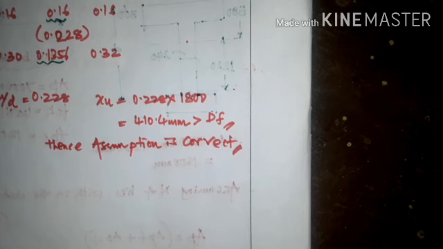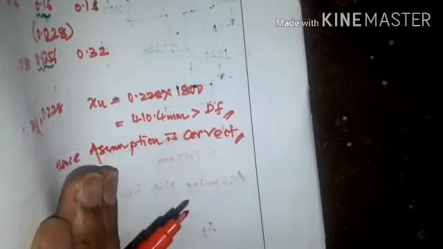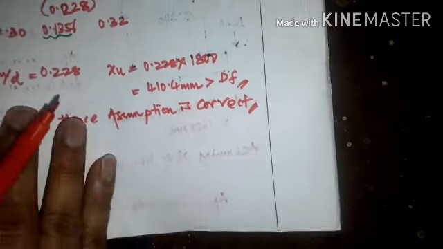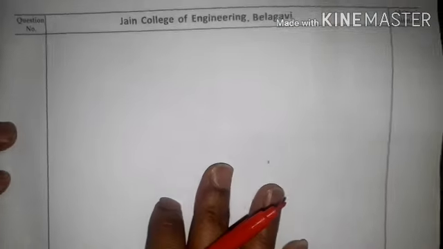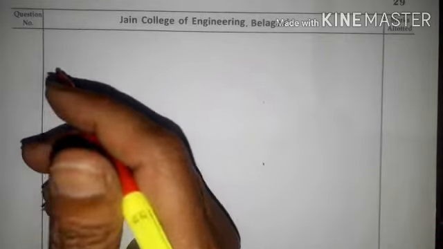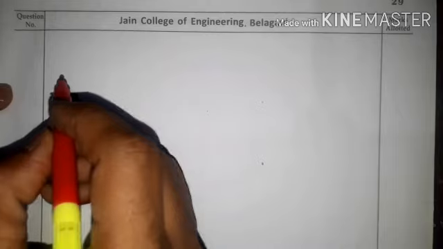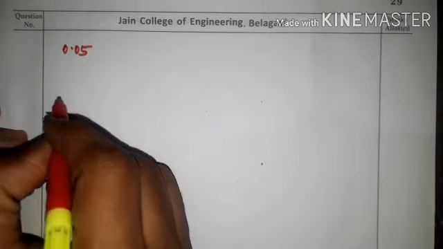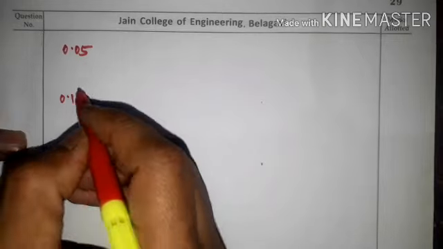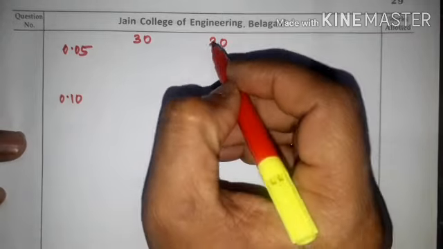Okay, then we'll go for the next calculation, that is how to calculate FPE. Again you have to refer to the same table, and by referring to the same table you find the next value. Again for calculation of FPE, I'll write here 0.05, that is effective reinforcement ratio, and this is 0.1, and here this is for 30 and for 20.